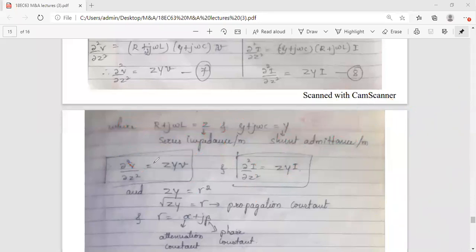We have now arrived at the differential equations, so we will make use of them and find the roots. With equations 7 and 8, we have these two differential equations, and we will try to find the solution for them.